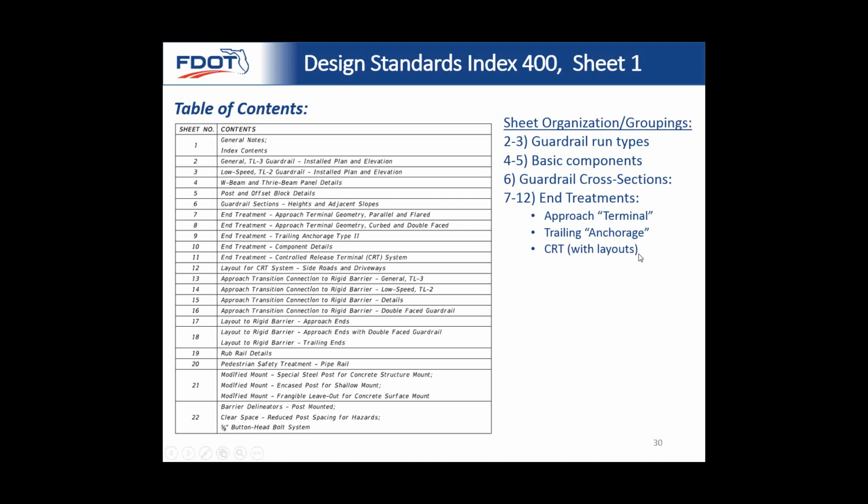So this is a point of emphasis here in that we have a nomenclature change where we're now following AASHTO. Our approach terminals, AASHTO would call it a terminal, used to be called an end anchorage assembly per DOT. The problem with that is an anchorage per AASHTO is something on the trailing end. So we're moving to the national standards. We're changing some of our naming conventions.